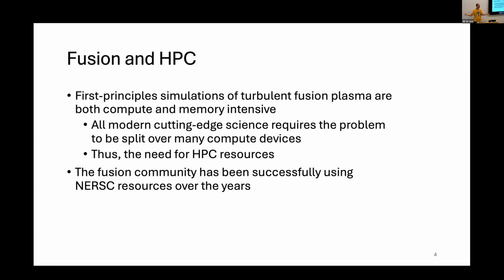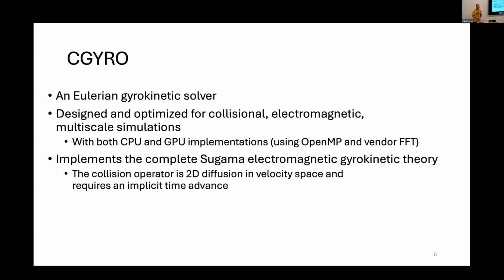Now, computers have scaled a lot, way more than what fusion plasma needs. So we don't need whole system simulations anymore. We still do large runs that take a large fraction of a system from time to time, but we are not the biggest user anymore. We used to be. NERSC is one of the systems that we use.